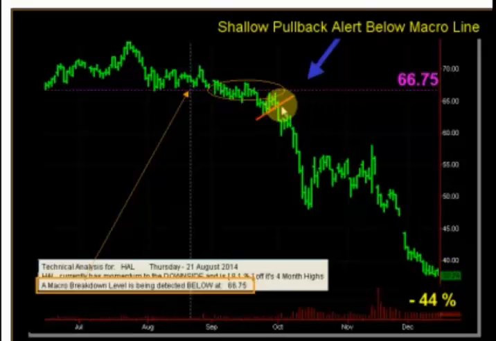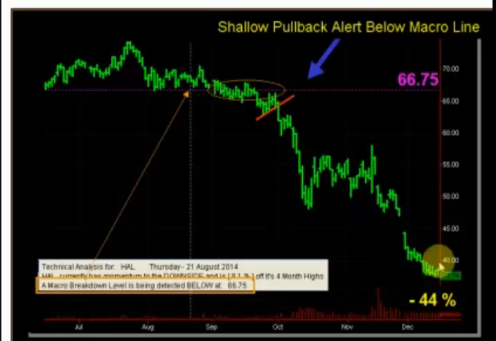Now, you could either use this to short, or if you're a long-term holder of a stock, let's say you've been investing or doing position trades, and you've got some nice gains under your belt, and you get a macro breakdown level, that's probably where you want to slide your stop up under, because the stock has a high probability of breaking down there.